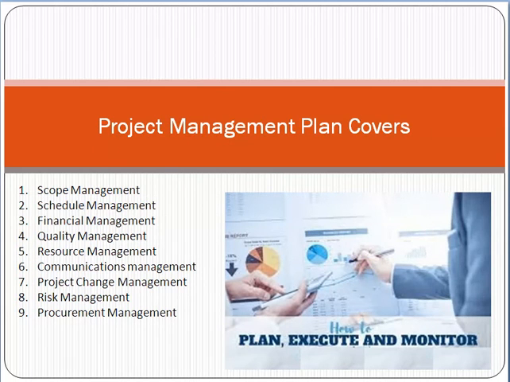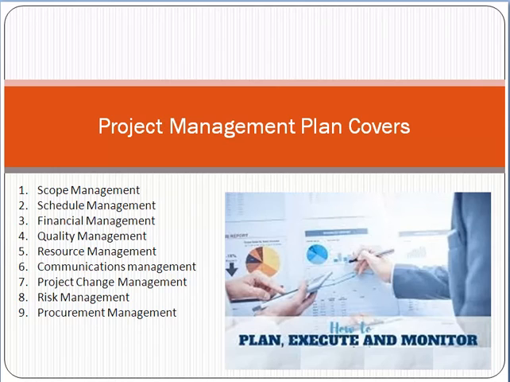Then next, friend, is what basically is covered in the project management plan. Friend, the project management plan covers the scope, schedule, financial aspects like cost, quality, resource, communication, project change management, risk management, procurement management. Friend, all these factors are covered in the project management plan.